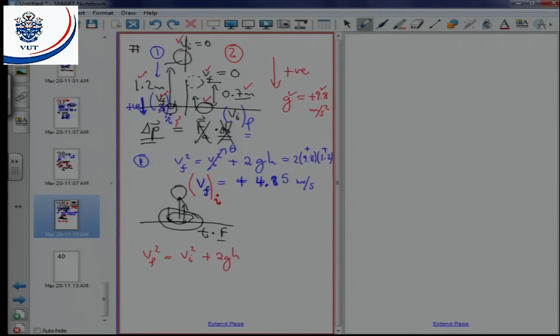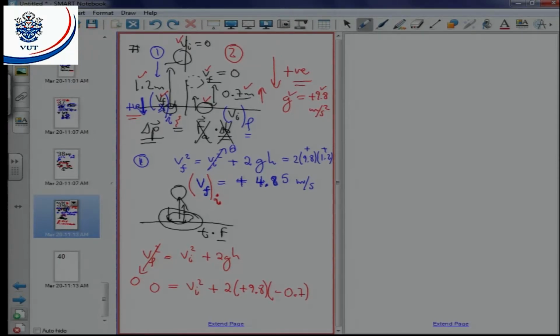In this case Vf is 0, so we have 0 equals, and the initial speed is what we want, so Vi squared plus 2, g is positive because it's going down. We said down is positive, so that's positive 9.8, but h is up, so it's negative. The displacement is in the opposite direction of our positive, so negative 0.7.